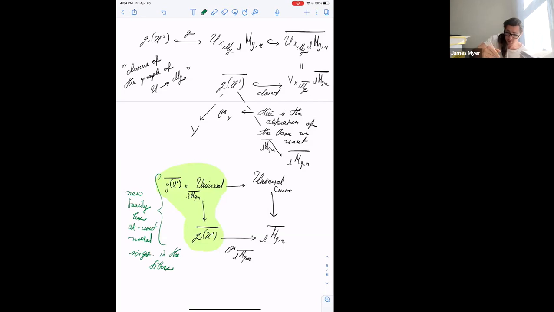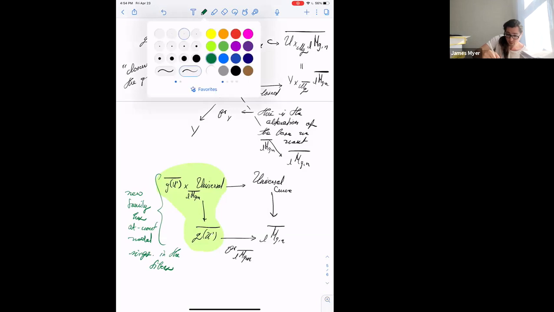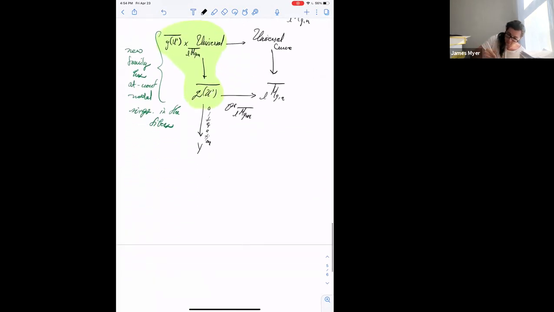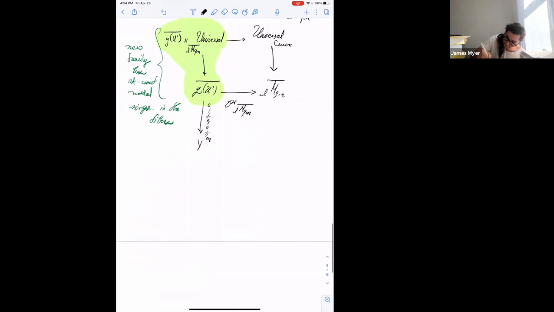Now the problem is we don't know how this new family relates to the old family. One thing that we know is that we have an alteration right here that goes from this closure onto Y. And we can try to pull back along that somehow.